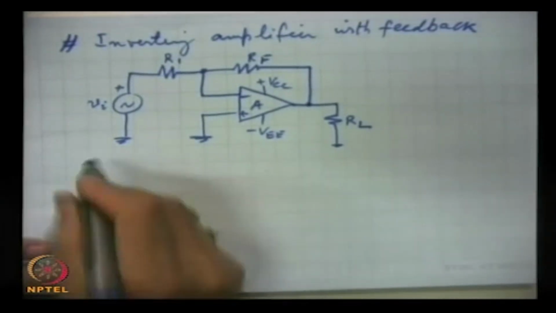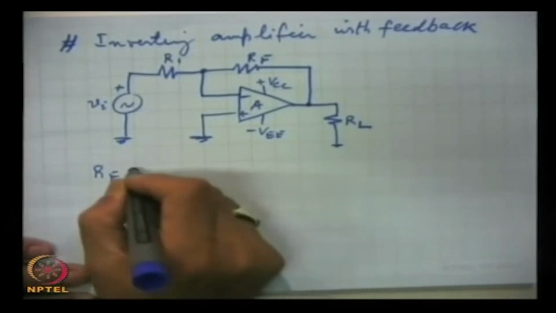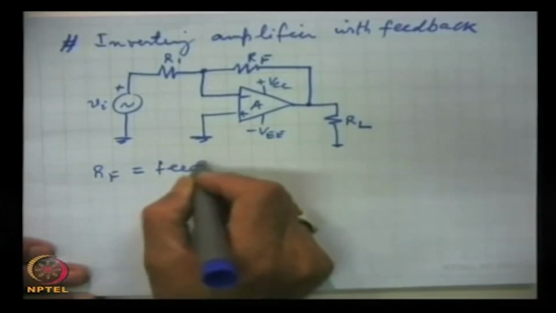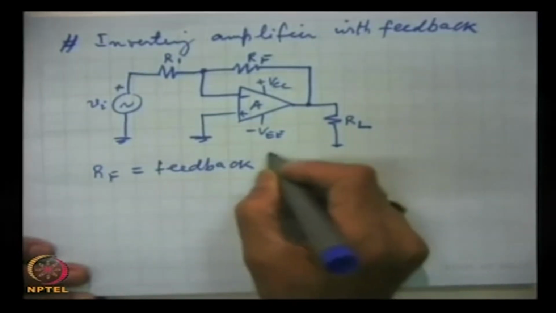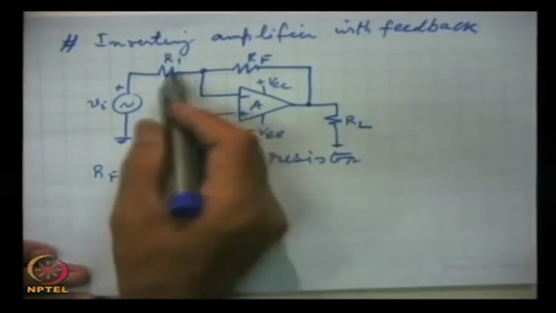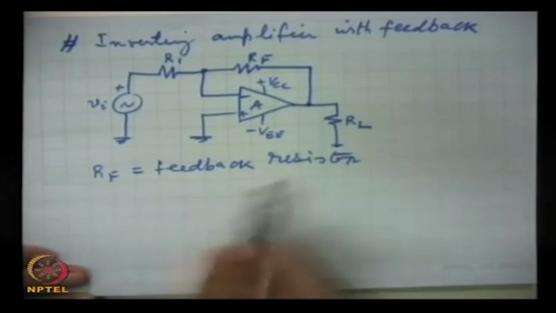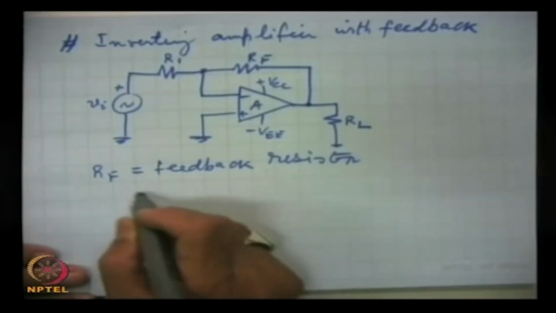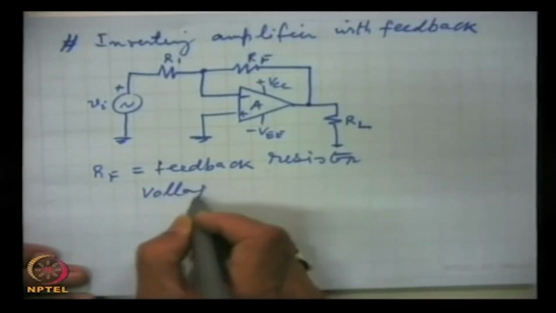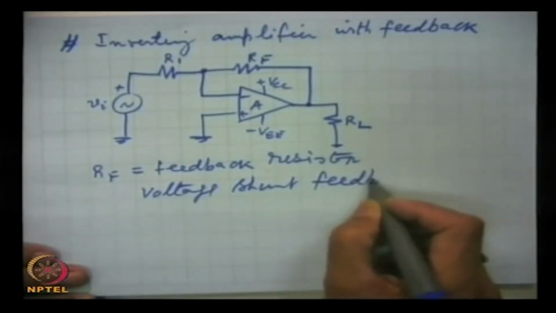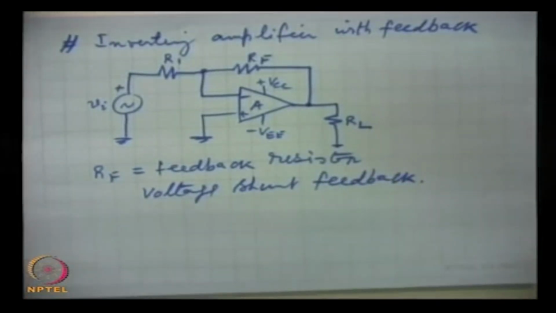Here RF is the feedback resistor, and R1 is another resistance, and we can see that this is the voltage shunt feedback circuit.